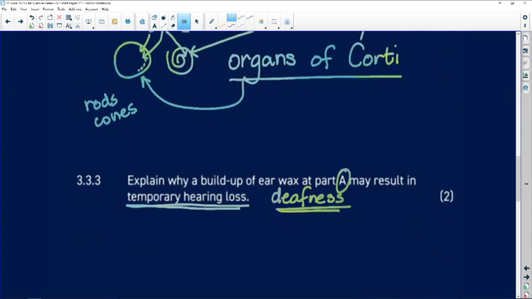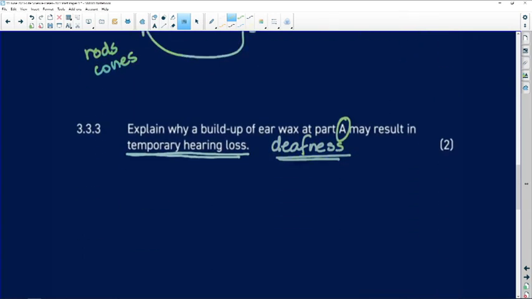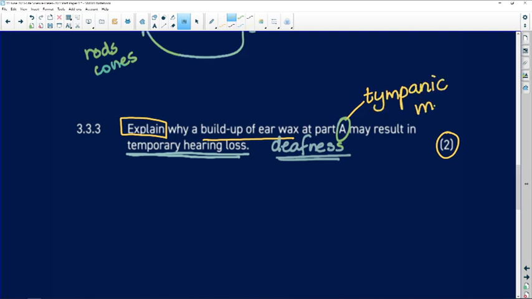So our question again, explain why a buildup of earwax may result in temporary hearing loss. We're looking at the word explain, and it's out of 2 marks, means we need to unpack something. So the buildup of earwax just before our tympanic membrane or our eardrum is going to mean that the tympanic membrane does not vibrate properly.